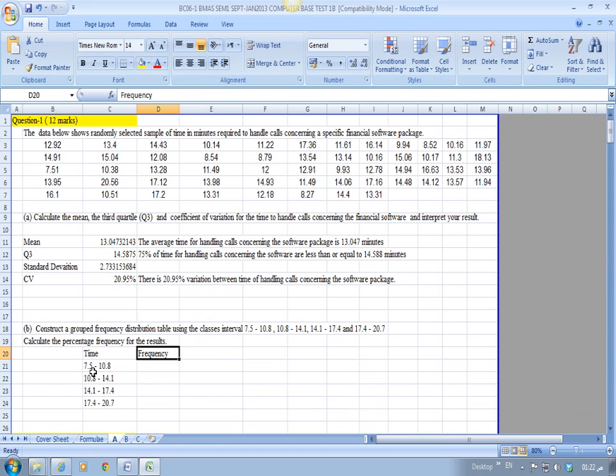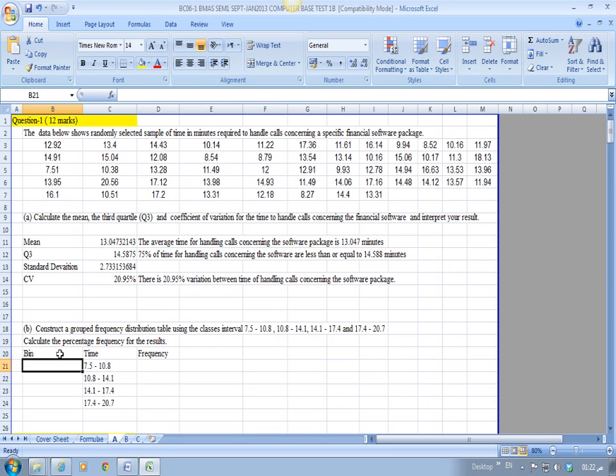So here, 7.5 to this one. I'm taking these class intervals, which are required for the time, and here we write bin. The bin here is the upper limit of the class.